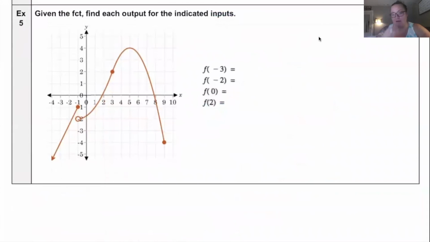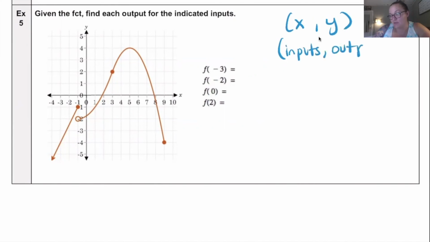So for example 5, you're going to find the outputs of the function by reading its graph. So remember, our x values are the inputs, our y values are the outputs. So we can represent inputs and outputs as an ordered pair.